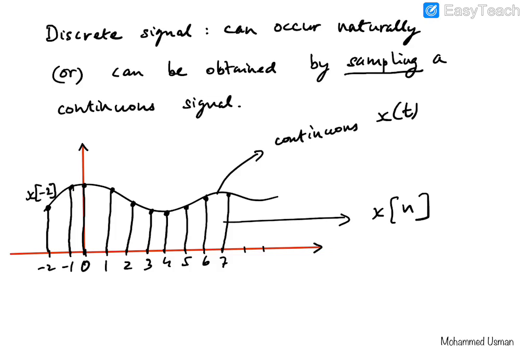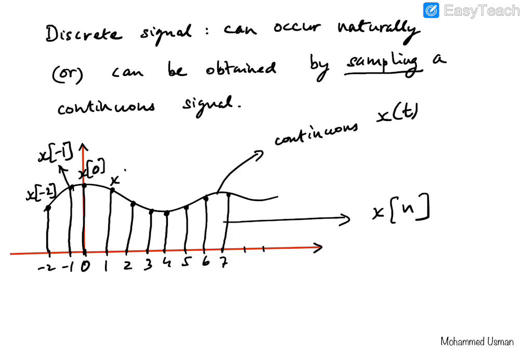This one will correspond to x of -1. And similarly, this third sample here will correspond to the value of x when the index is 0. So we will denote that as x of 0.